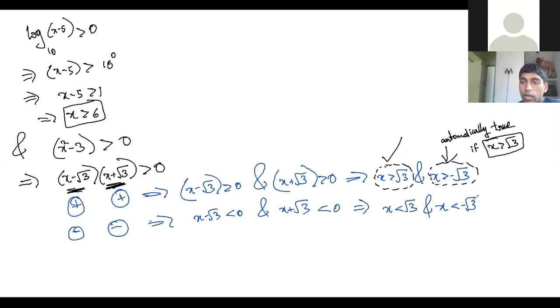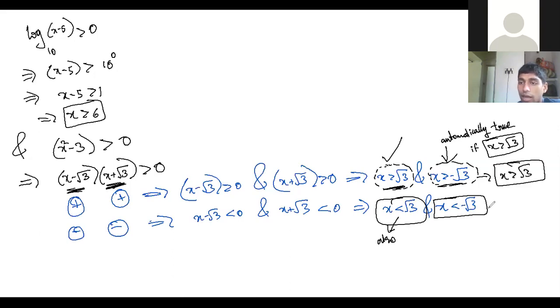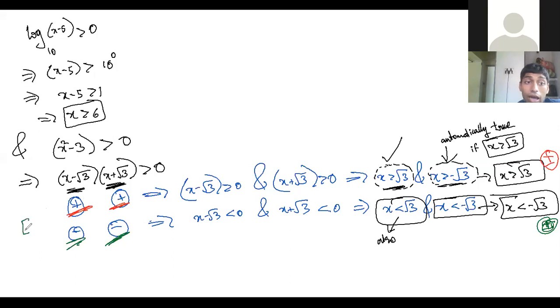Similarly, if I say x is less than minus root 3, then this is also true. So instead of writing both these cases, I can simply write x is greater than root 3 in this case, and in this case, x is less than minus root 3. So the case where both the numbers are positive is represented by this case, and the case where both of them are negative is represented by this case. Right? So in either case, this will be true.